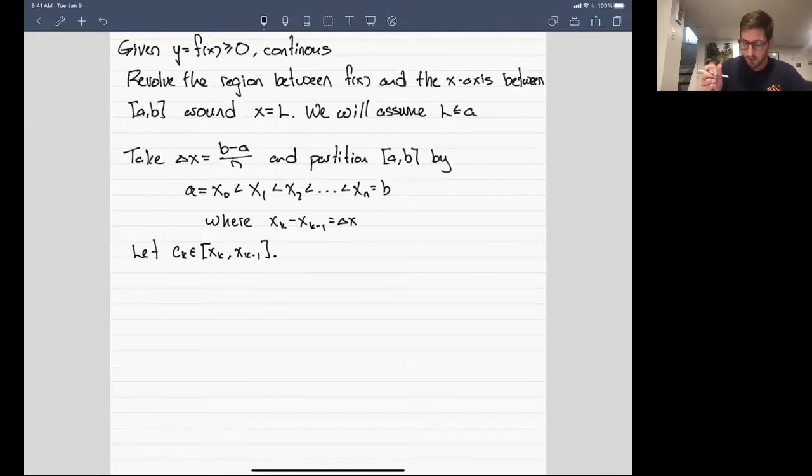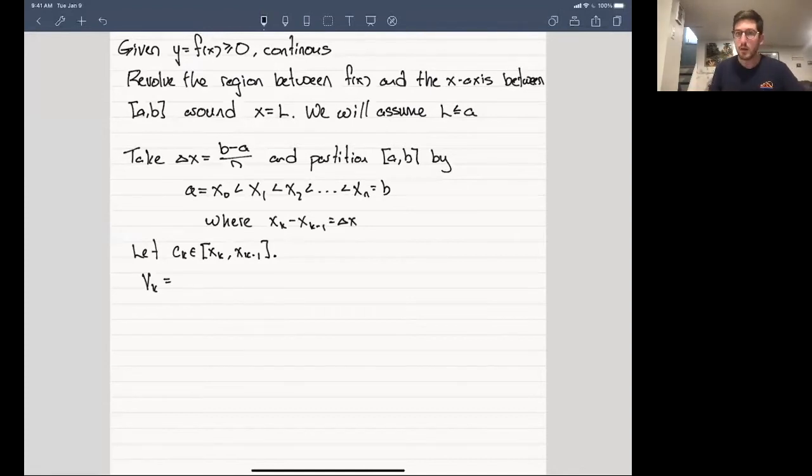They have width delta x. And remember, we're going to sweep this thing around. So you take each one of those little tiny rectangles, sweep it around, and it traces out a hollowed out cylinder. And so the question is, what is the volume of this hollowed out cylinder? So let Vk be the volume of the kth cylinder, the cylinder formed between xk minus 1 and xk.